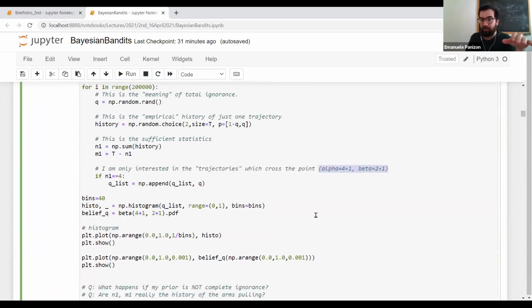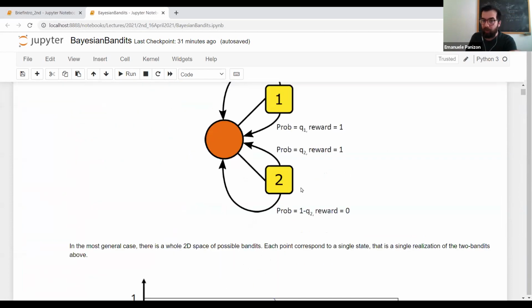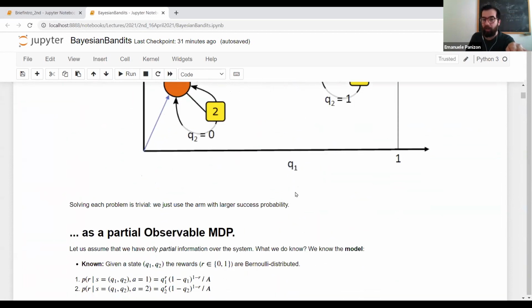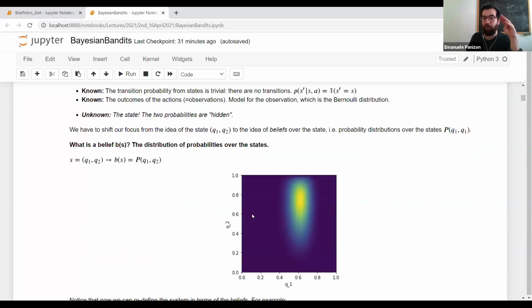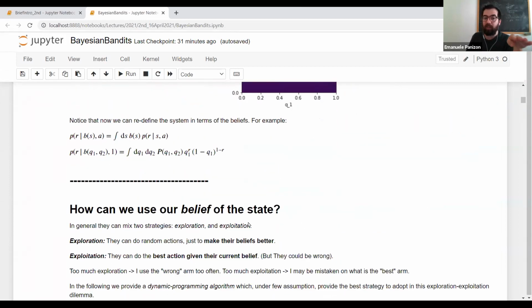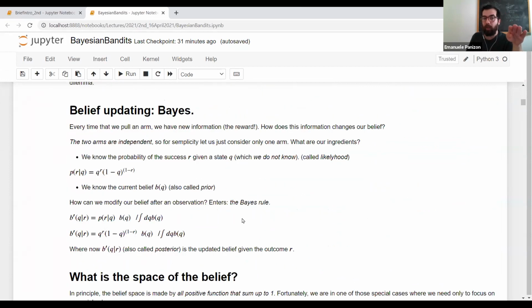To summarize, we have this very simple problem where we know everything except the states. We go into the belief, which is a distribution over the states. This distribution can be used in a simple way because the Bayes update is simple, for two reasons.